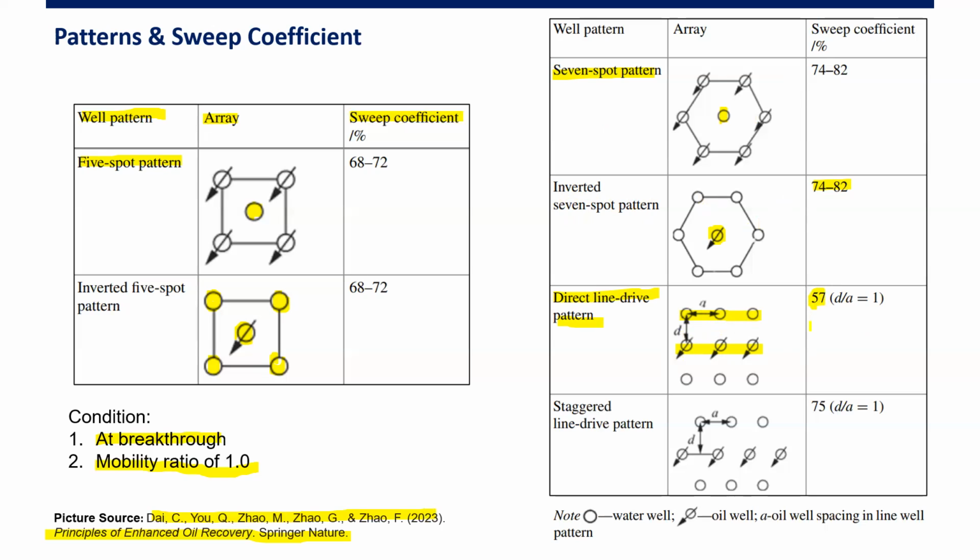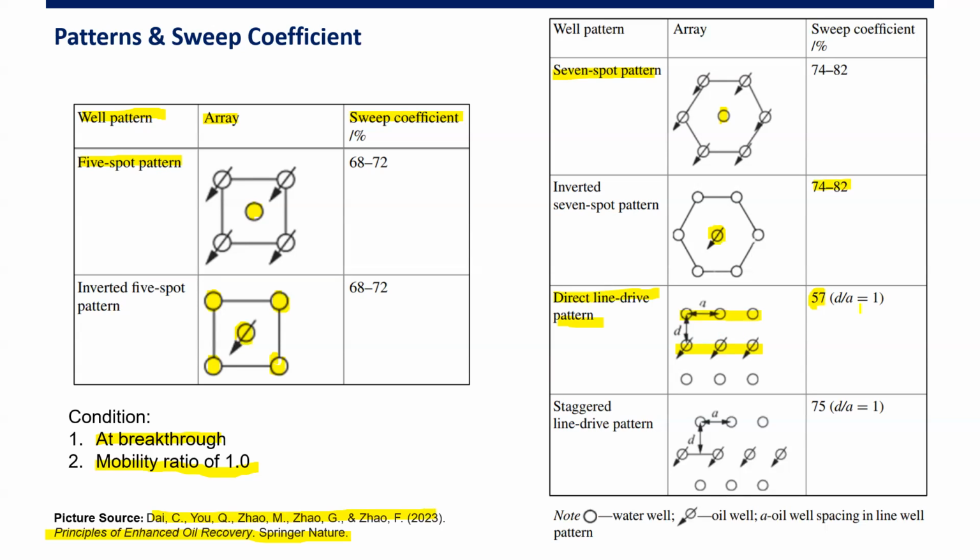But it's very important that D divided by A should be 1. D here is the distance between producer and injector, whereas A is the distance between one producer to another producer. The most optimum arrangement will be D divided by A equal to 1.